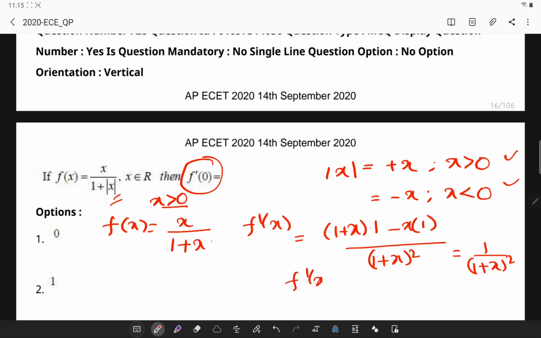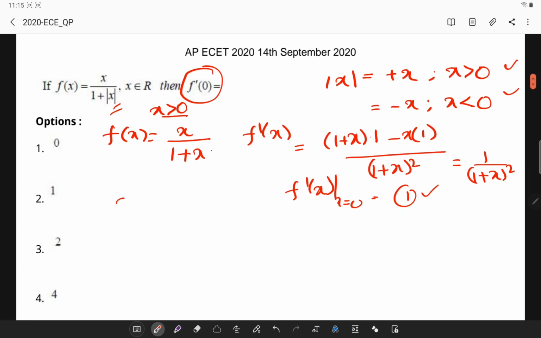Now let's substitute x is equal to 0. So the answer is 1. Also let's take the condition where x is less than 0. So then the function f of x will be x by 1 minus x. So now let's take a derivative of this.